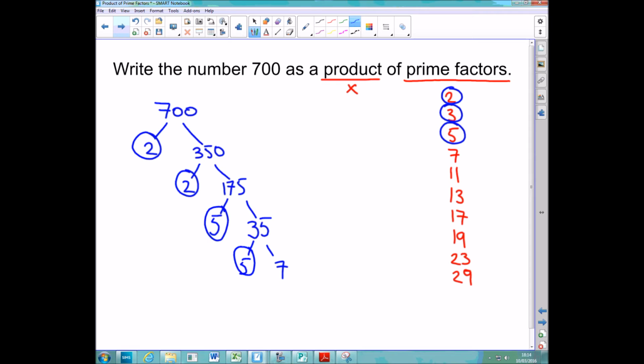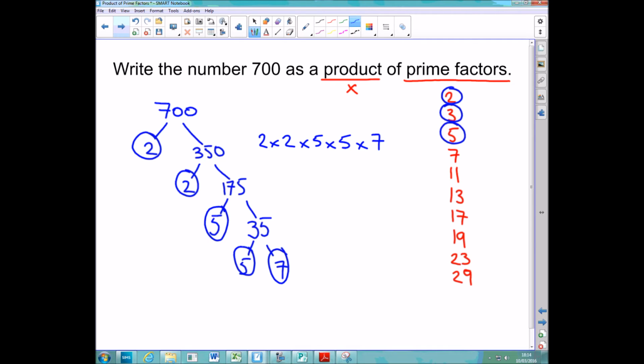And if I look in my list, I'd see that 7 is also prime. So now that I've circled all of these numbers down the bottom, I can't actually continue this tree diagram. So all I need to do is write my answer out, which is going to be this list of numbers all times together. So that is 2 times 2 times 5 times 5 times 7.